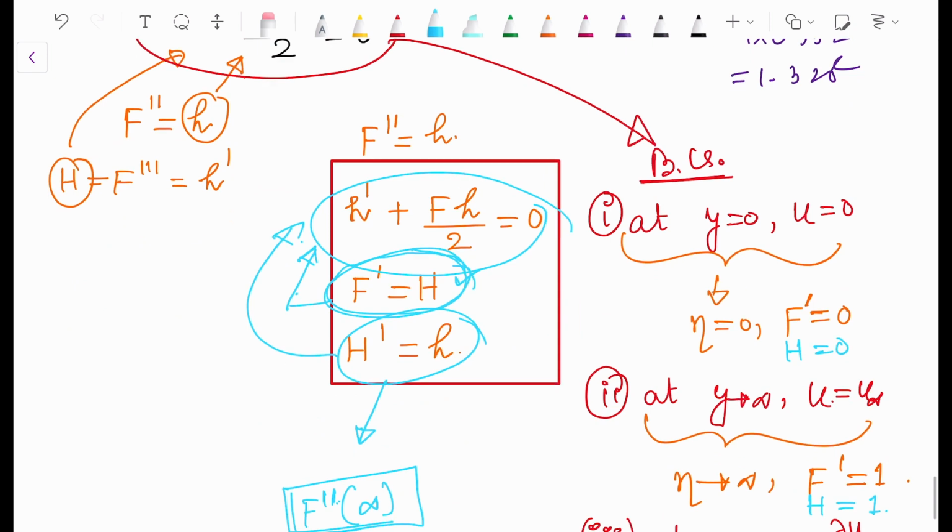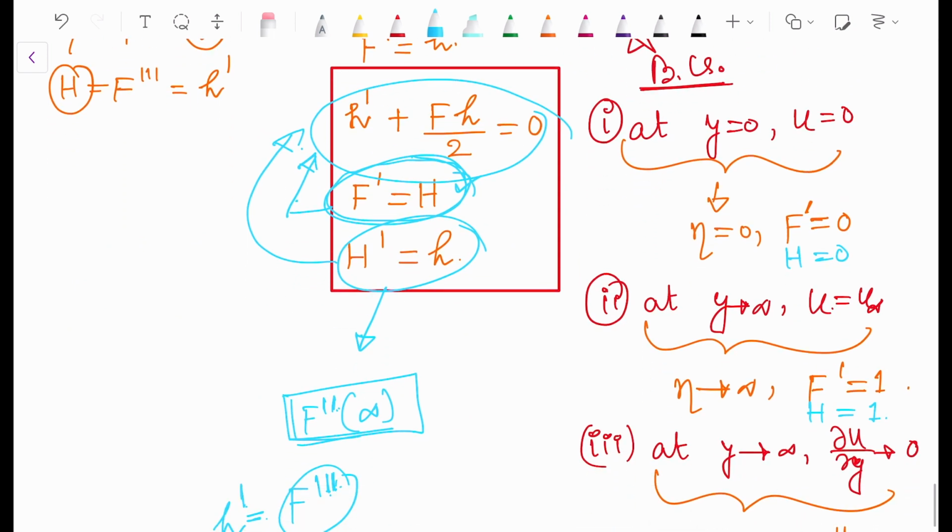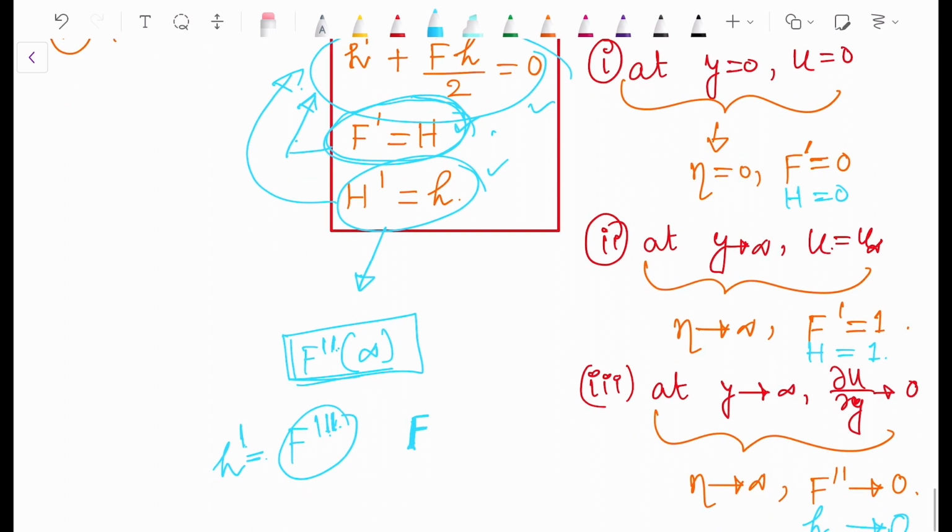So here I have to guess some function of f, and then if I am guessing some function of f, I can solve for all these equations, and I have these three boundary conditions.